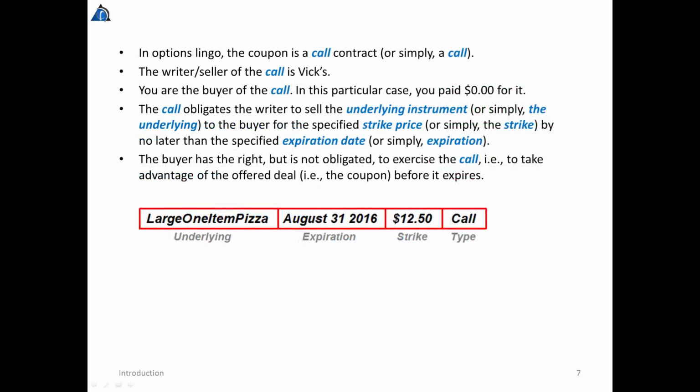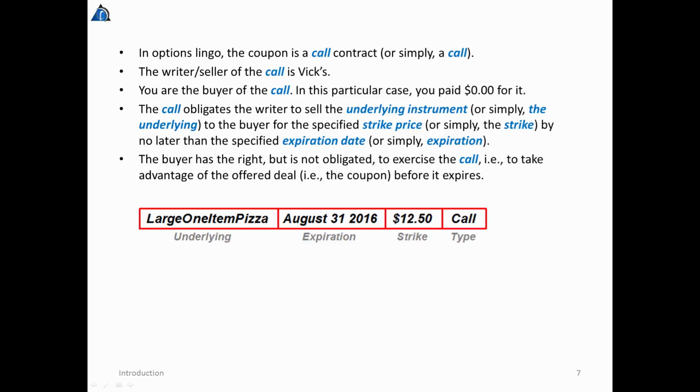Let's apply some of the options lingo to this previous example. And so the pizza coupon becomes a call contract or simply a call. The writer and seller of the call is Vic's. You are the buyer of the call.